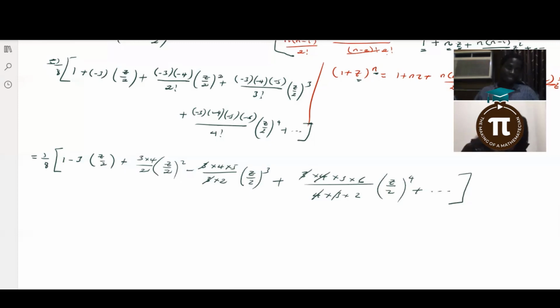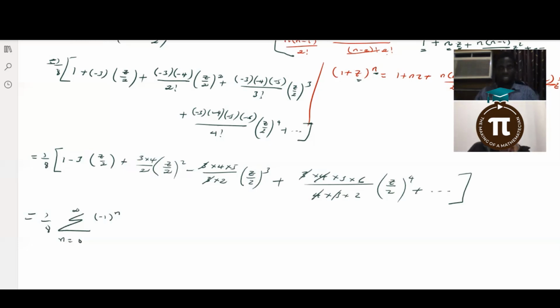Basically, I will write this in summation form, n starting from 0 to infinity. Of course, you will see that the sign is alternating, plus minus plus minus, so to settle that you have (-1)^n. Now for the coefficient, look at the coefficient here.